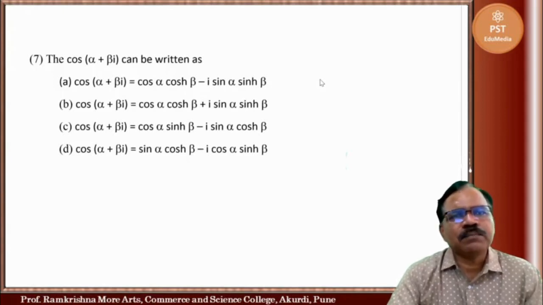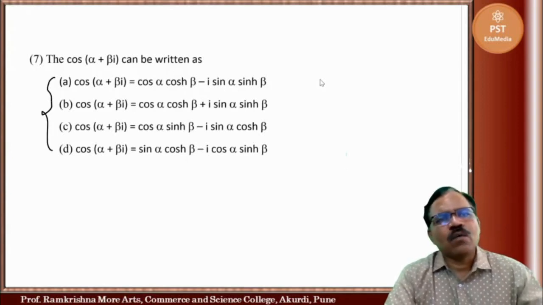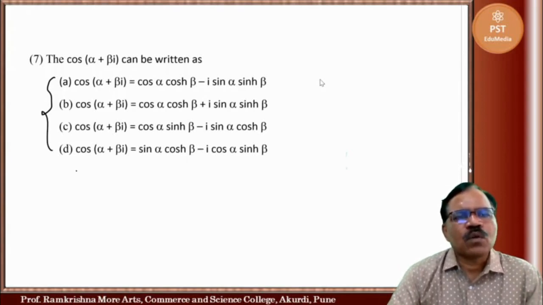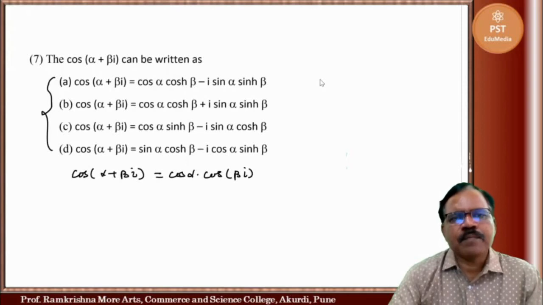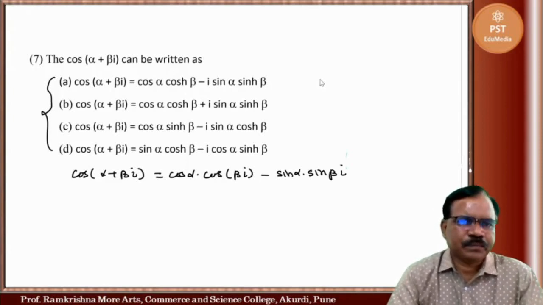Now next one, cos(α + βi) can be written as, so we have 4 alternatives, out of which we have to find the correct alternative. Now we know cos(α + βi) we can write as cos α into cos βi minus sin α into sin βi.